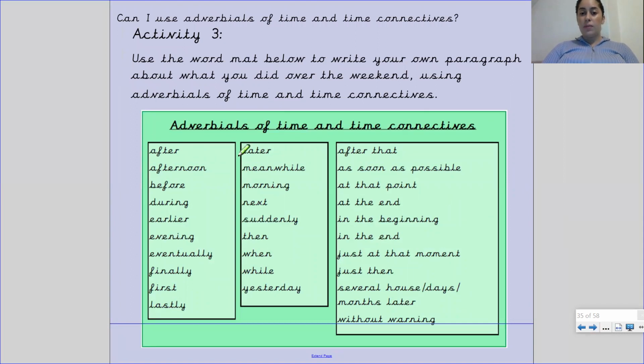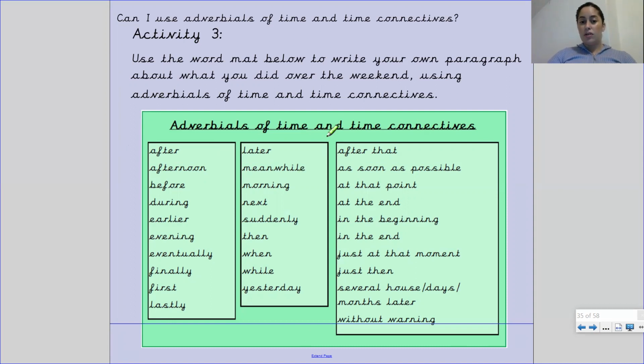This is the word map, but this is also part of activity 3. So if you're choosing to do activity 3, you use the word map below to write your own paragraph about what you did over the weekend, using adverbials of time and time connectives. If you're doing activity 2, you can use this word map to help you.